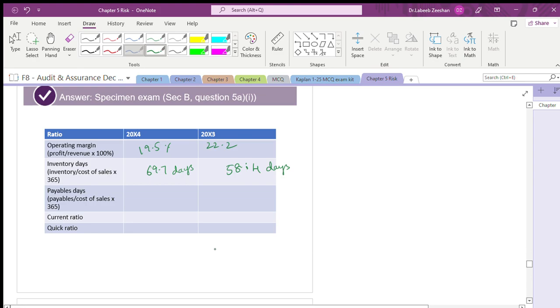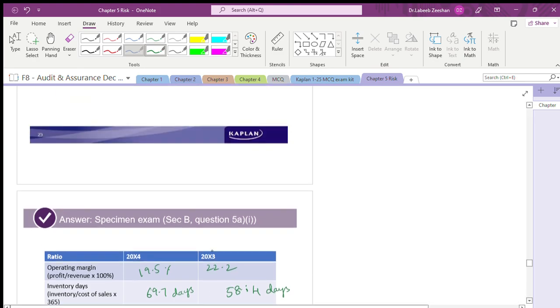Next, what is the payables? Payables divided by cost of sales.